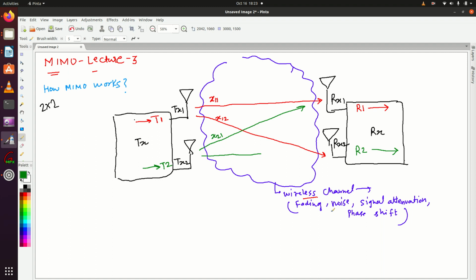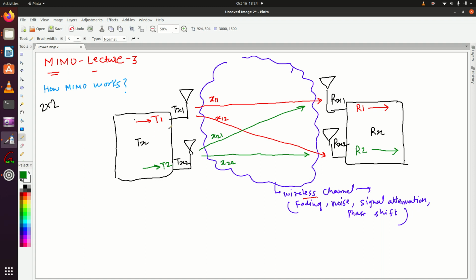Changes means fading, noise, signal attenuation, phase shift; these are the effects of the wireless channel over the T2 signal between the path of TX2 and RX1 antenna. And this is my next coefficient, x22. This x22 is the changes performed by the wireless channel in the T2 signal between TX2 and RX2 antenna.